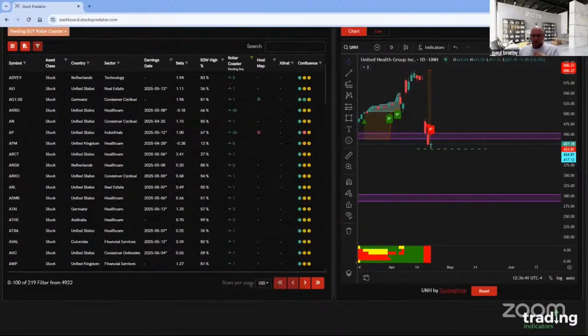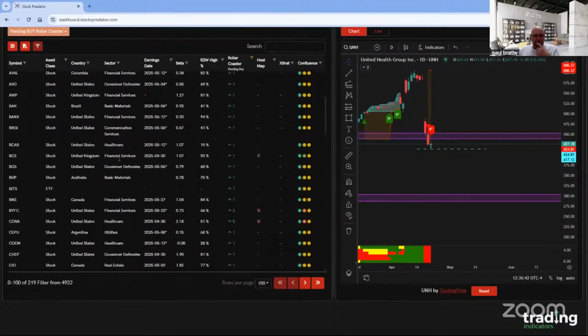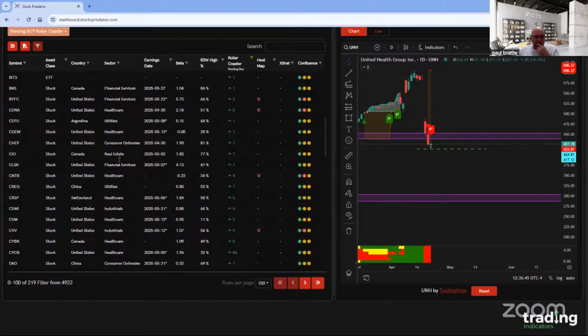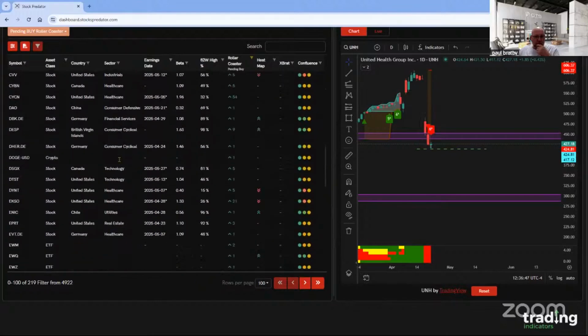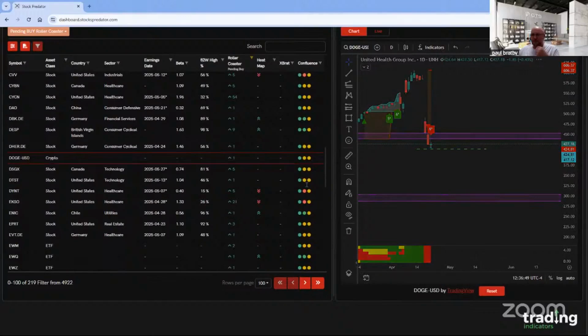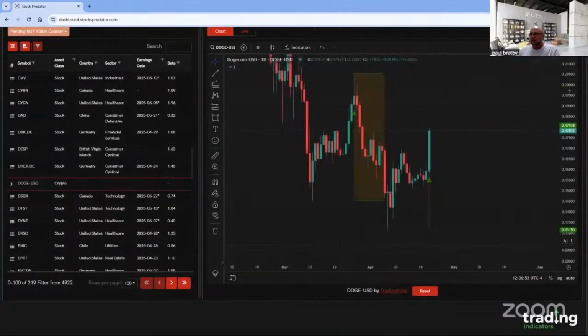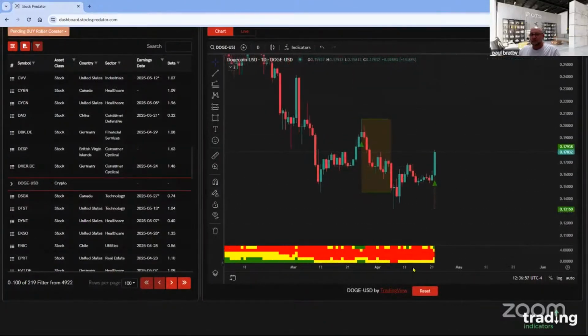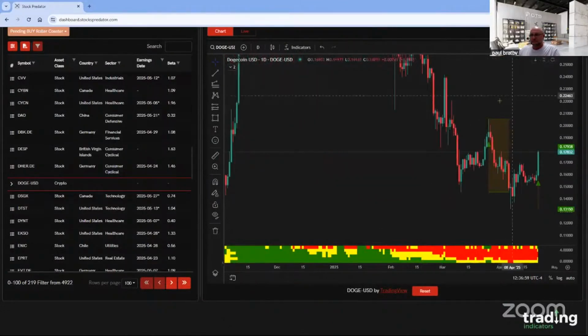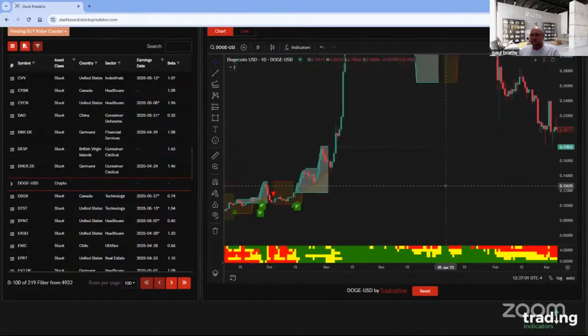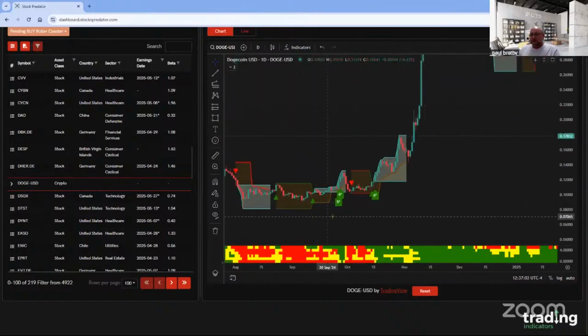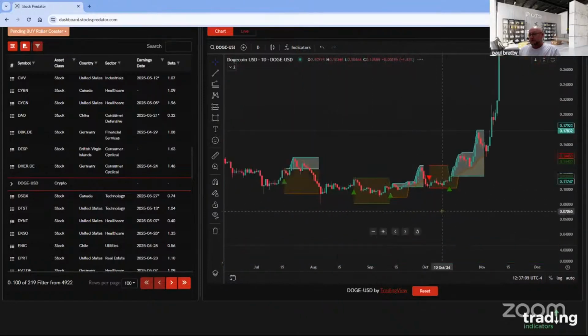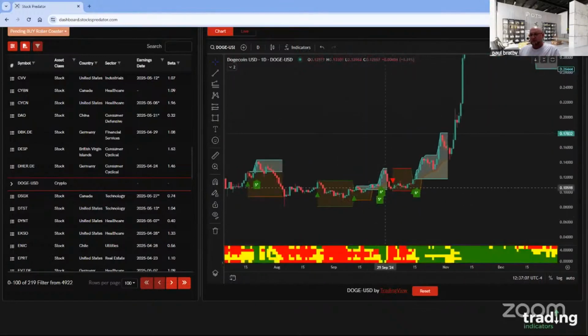Let's see if we can find a good name. Let's go to 100 and let's go down. Doge, crypto. Let's have a look at a bit of crypto, shall we? Wow. So those that think it's only for stocks, look at these confluences here.